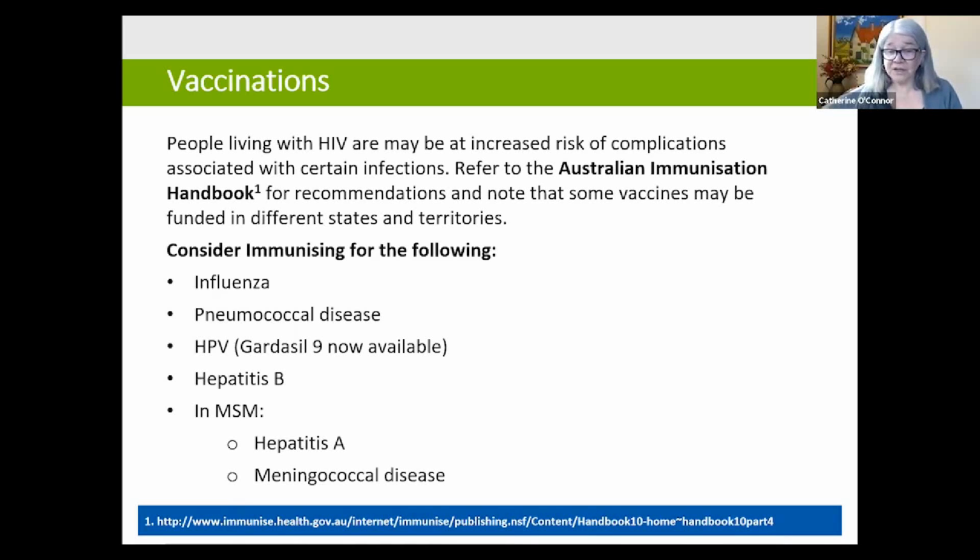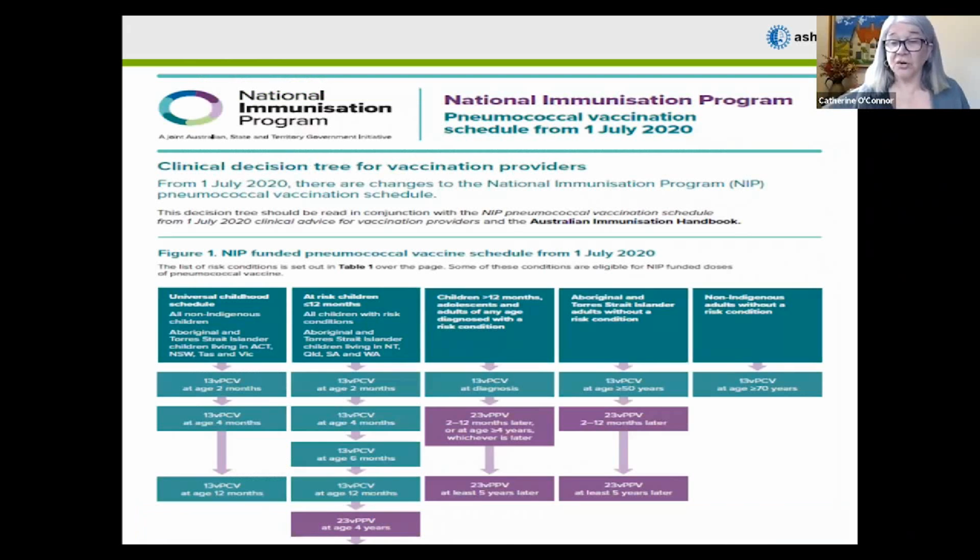So there's a website which you're all probably aware of, which has the Australian Vaccination Handbook. And you may not be aware, but the pneumococcal vaccination program has just suggested a new schedule for pneumococcal vaccination, and our HIV clients would fit into the children greater than 12 months, adolescents, and adults of any age diagnosed with a risk condition.